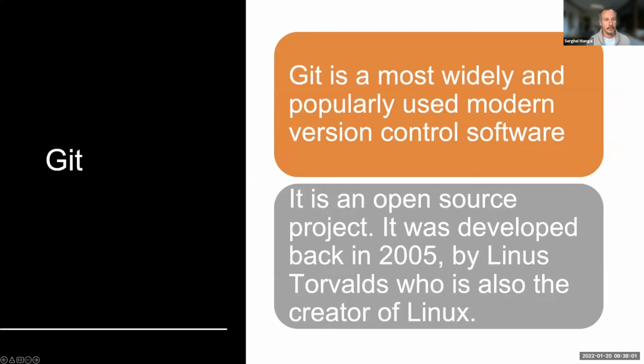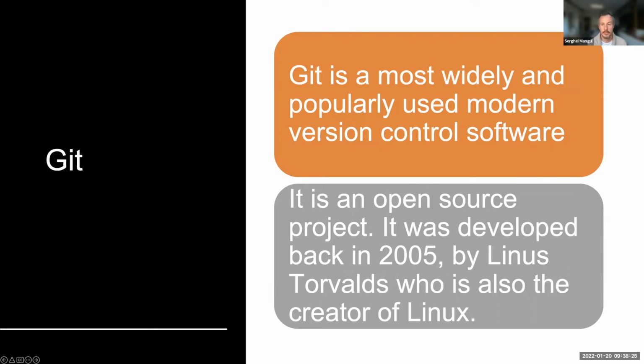So, okay, let's talk about Git. Git, I think, is the most widely used and popular modern version control software, right? Git is the software, and GitHub is a service based on Git, but with more than just Git. Fundamentally, Git is software for version control.